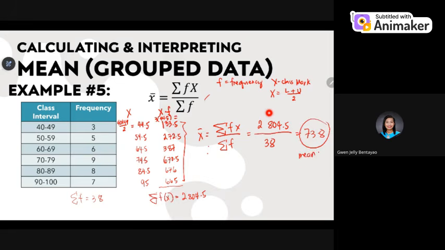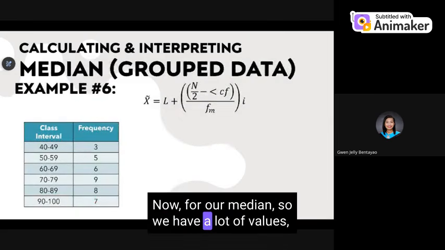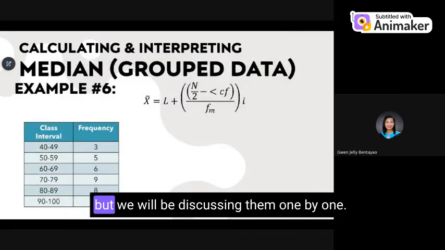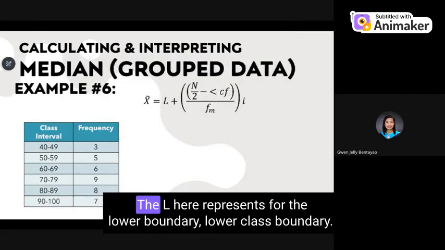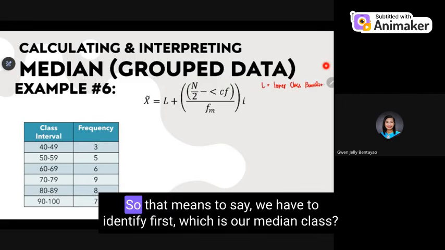Okay, now for our median, we have a lot of values, but we will be discussing them one by one. The L here represents the lower class boundary of the median class.